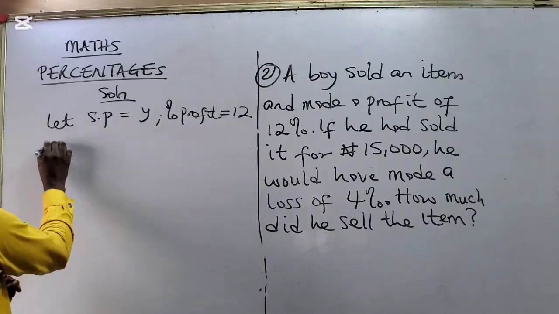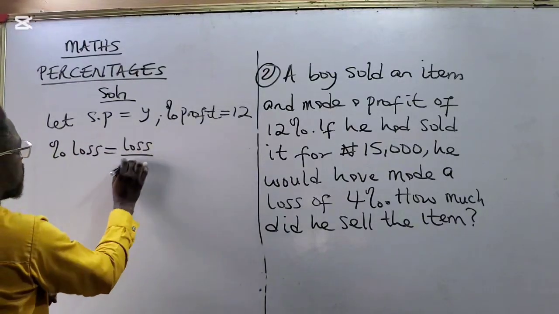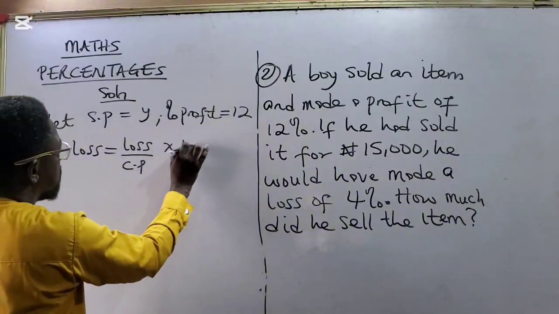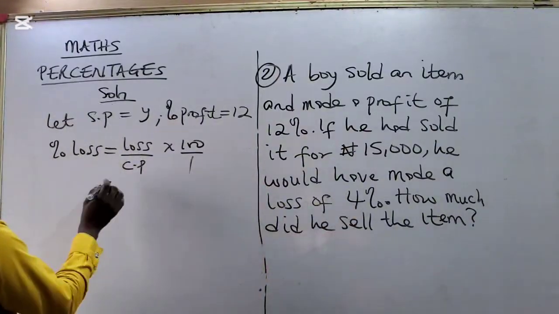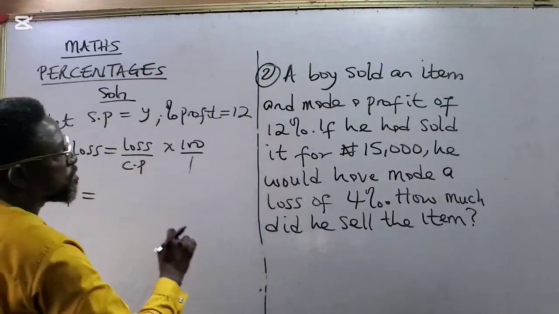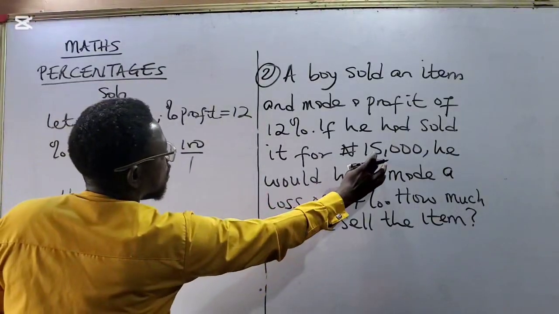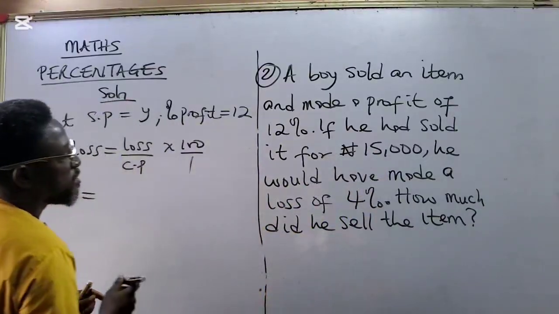Now, percentage loss is loss over cost price times 100 over 1. The percentage loss is 4%. You have sold for 15,000, so the selling price is 15,000.